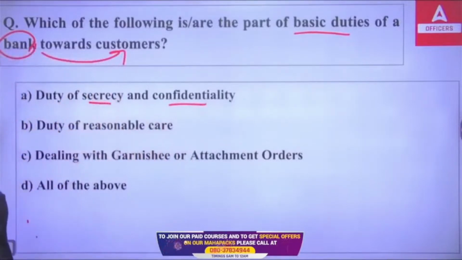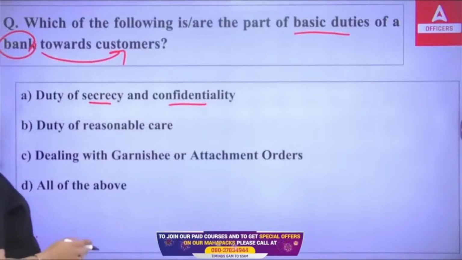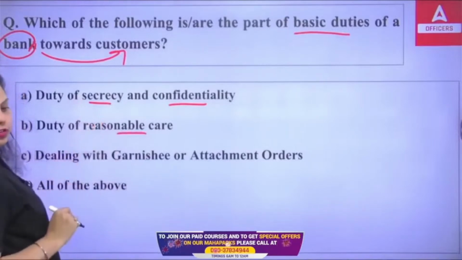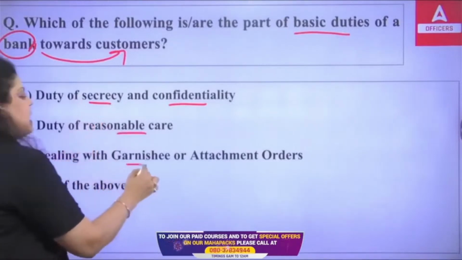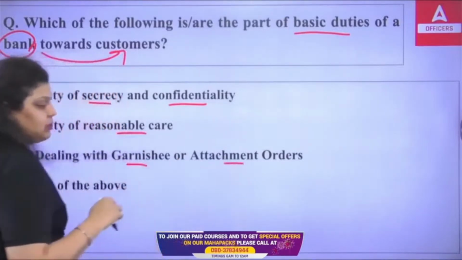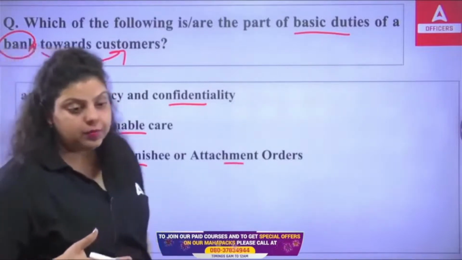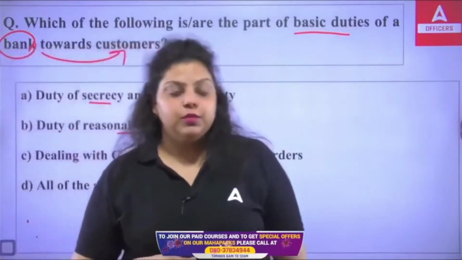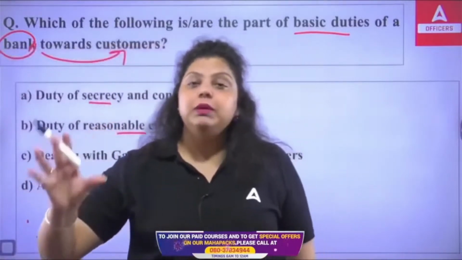Okay, now duty of reasonable care. Obviously, this is also a duty of a bank, to have reasonable care in context to the customer. Dealing with the garnishee order or attachment order, this is also a duty of a bank. Following the garnishee order, attachment order, this is the duty of a bank. Garnishee order will be given by the court.